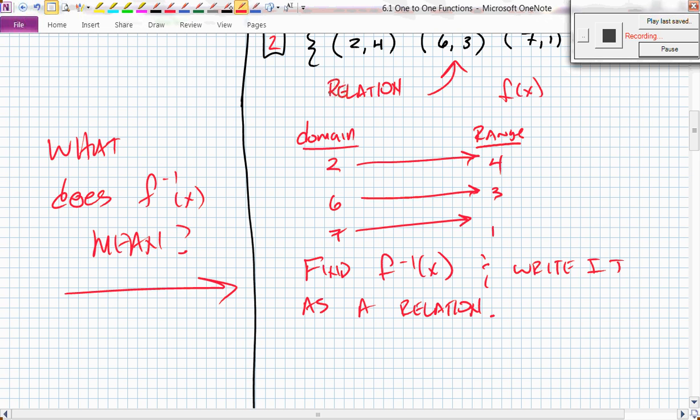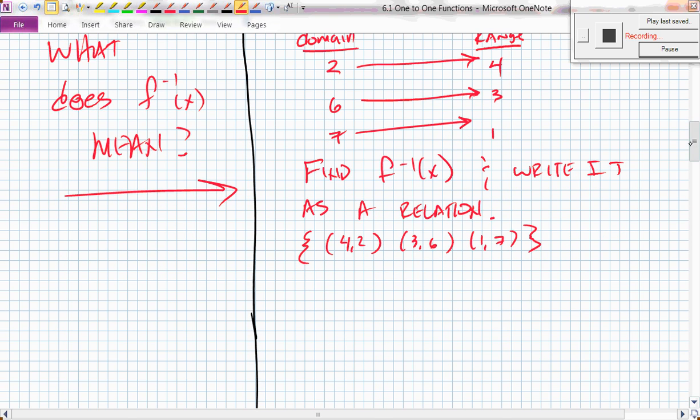Go ahead and give me the relation for f inverse of x. (4, 2), (3, 6), and (1, 7). So how did you get that? I switched the 4, which is under the range, to be under the domain. So you just switched every input of the domain with every output of the range, vice versa, and found the inverse of that function.